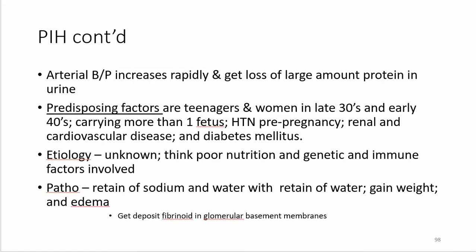So what happens here? Arterial pressure goes up, and it goes up really rapidly, and then that affects the kidneys, and when it affects the kidneys, you get these fibrinoid almost scarring in the glomerular membranes.